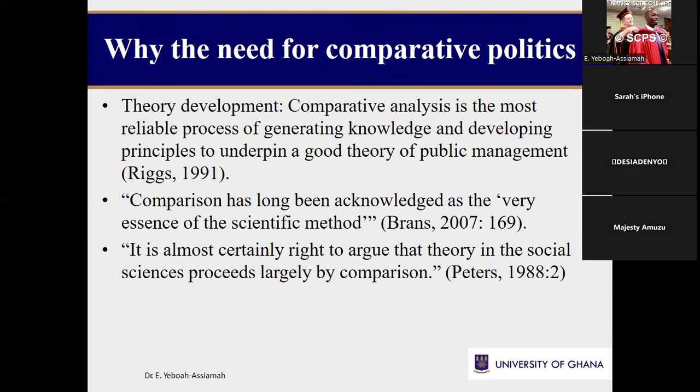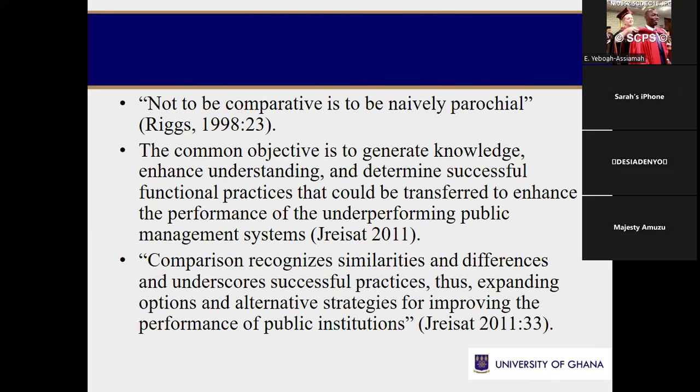But when we do more comparison, then we really know that that is the trend, that is the pattern, and that is the issue. It's not only about one particular jurisdiction. So comparison is crucial, and the scientific study of the social sciences largely proceeds by comparison. All right. Not to be comparative is to be naively parochial.